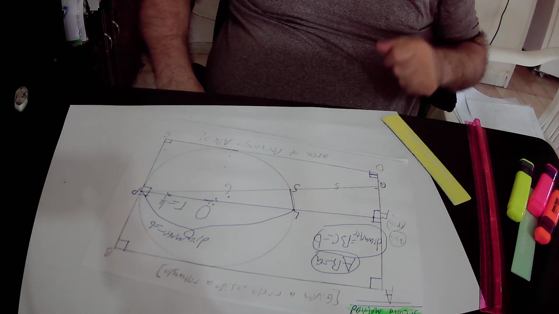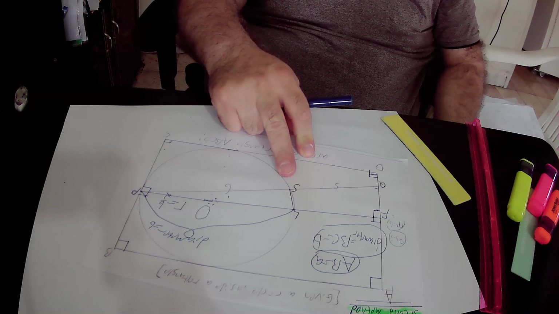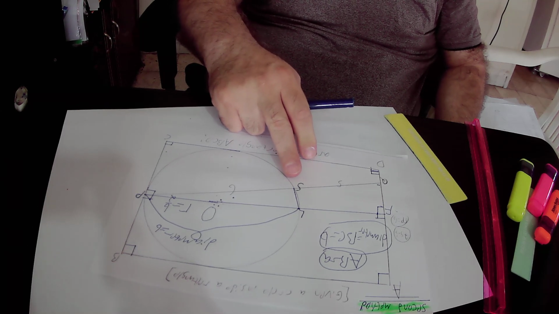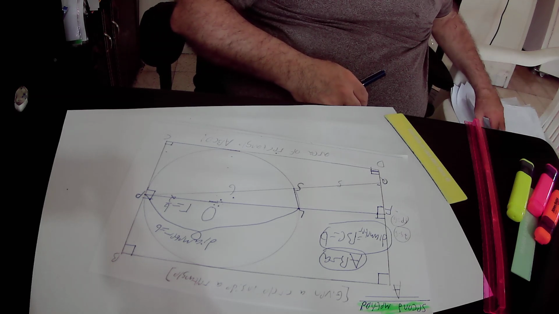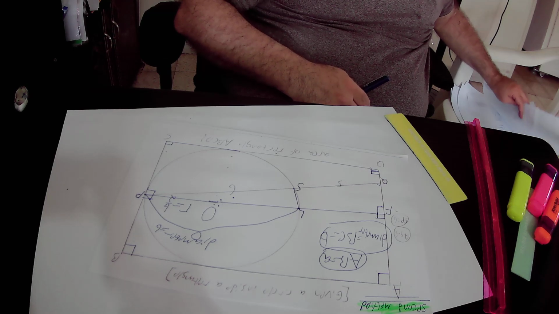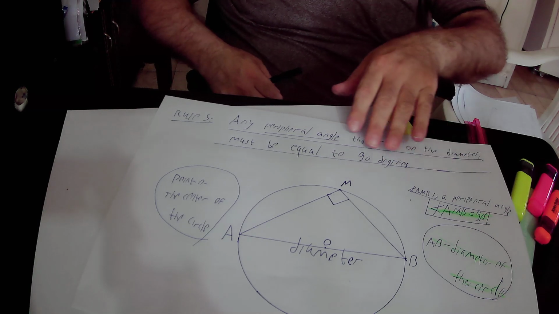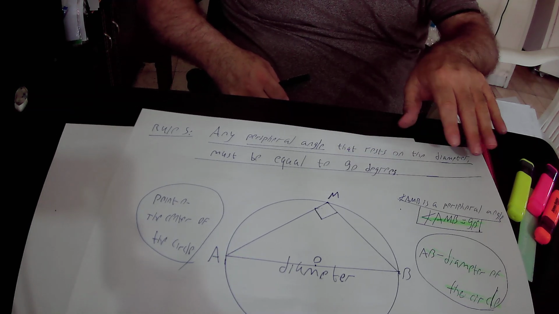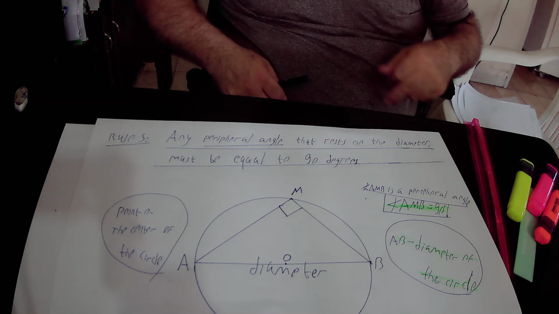LSP is a peripheral angle, and the peripheral angle LSP rests on the diameter of the circle, that is LP. And we actually have a rule, rule number 5, that relates to a peripheral angle that rests on the diameter of the circle.